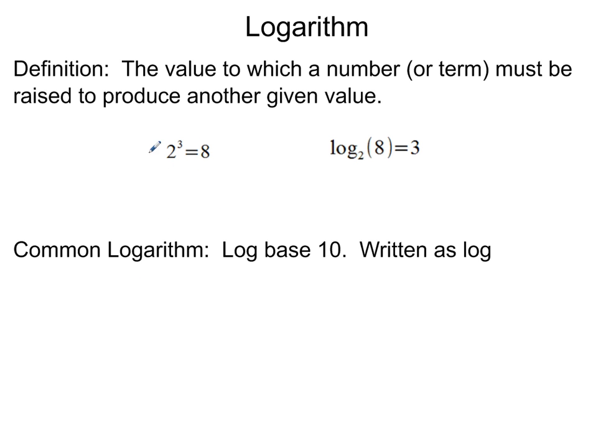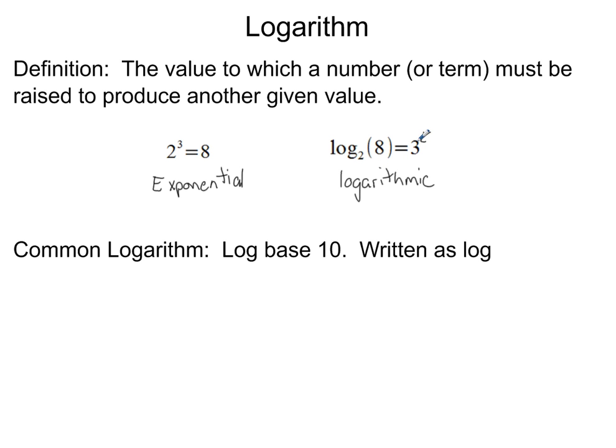So here is an exponential form of something, an exponential equation. And then to go from an exponential to a logarithmic function, this is saying 2 to the what number is 8.